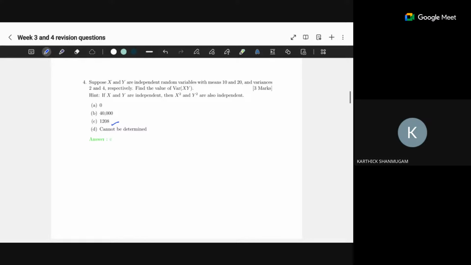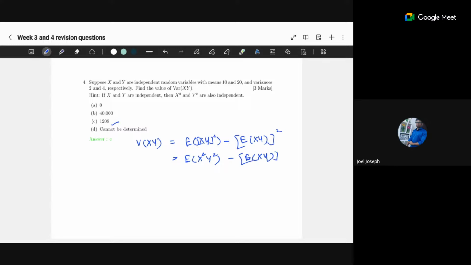Basically, they're asking me the variance of xy. So I can write this as expectation of x square y square minus expectation of xy whole square, correct? Yes, ma'am.